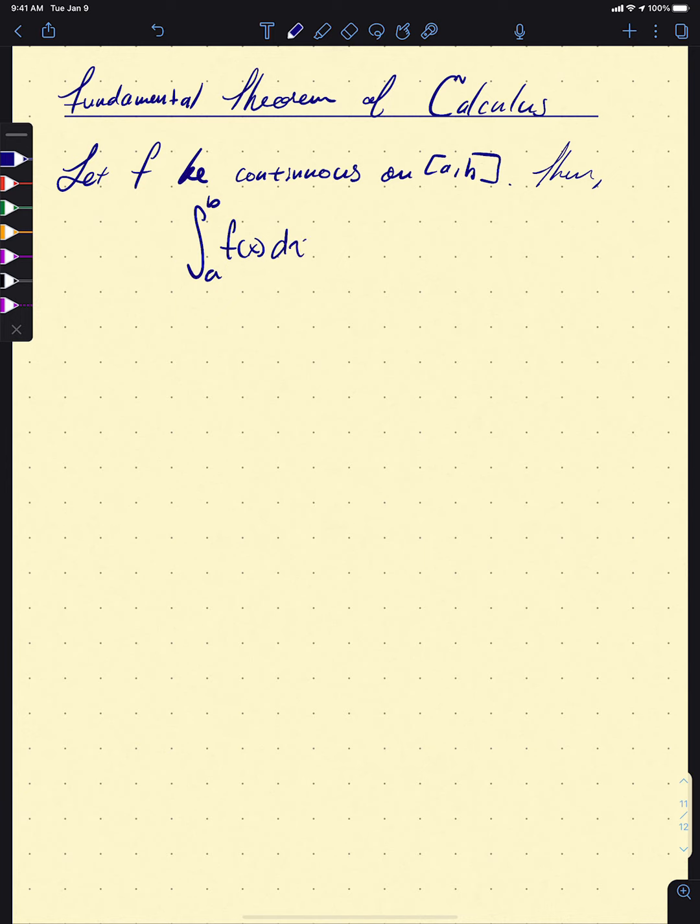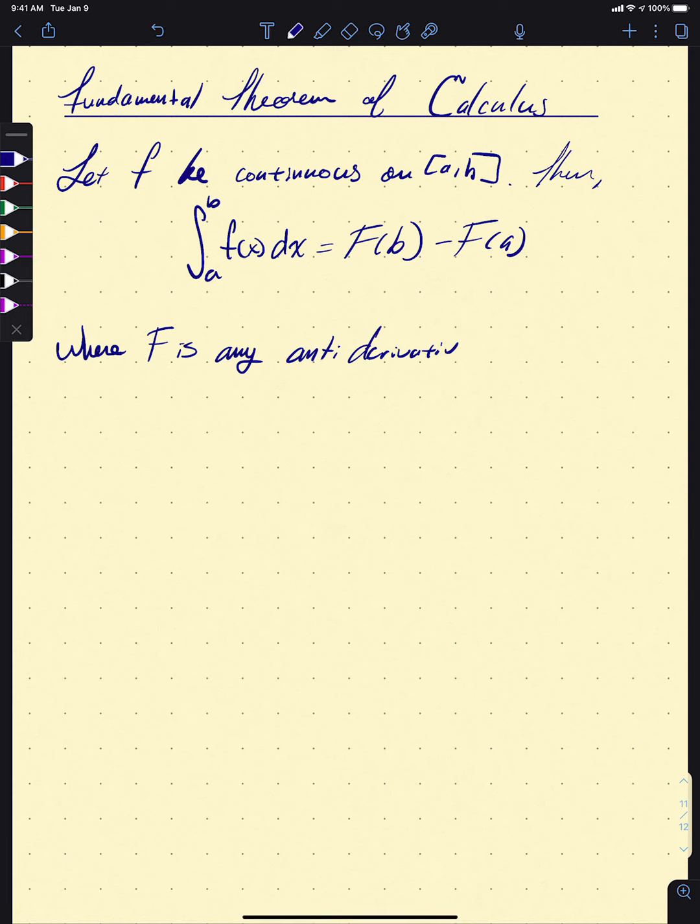Right? It says, let f be continuous on some interval [a, b], then the definite integral from a to b of f of x dx is capital F of b minus capital F of a, where F is any antiderivative of f.